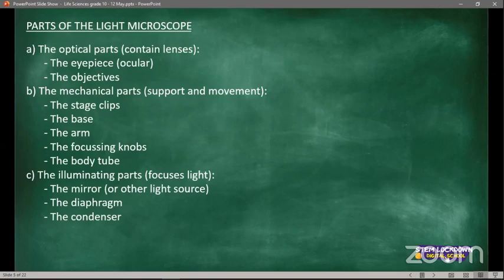And then it has the mechanical parts, which provide support and movement. That is the stage clips, the base, the arm, the focusing knobs, and the body tube. And then we have the illuminating parts, which focus light. That is the mirror or other light source, the diaphragm, and the condenser.